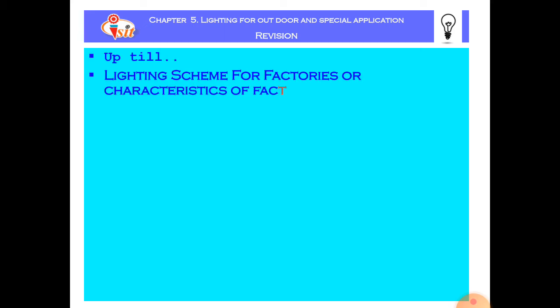In the last video, we saw the lighting scheme for factories or characteristics of factory lighting. Then street lighting.